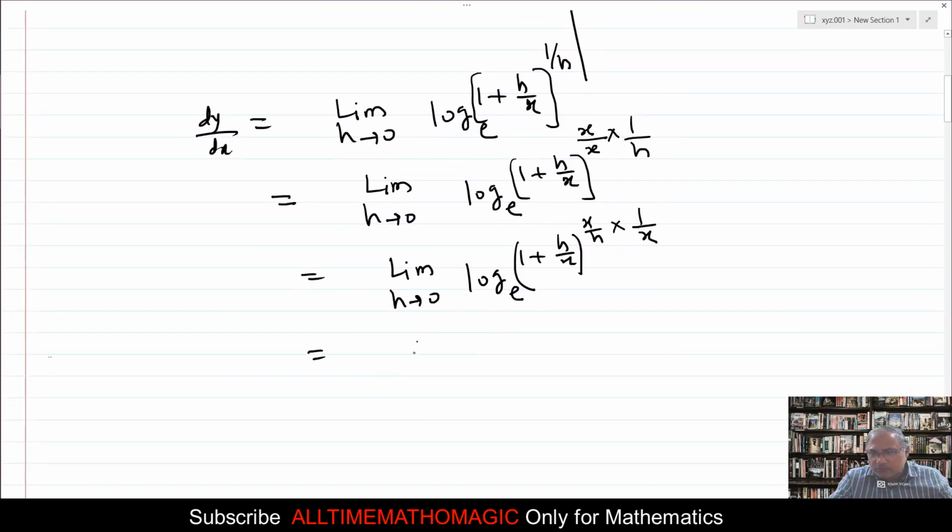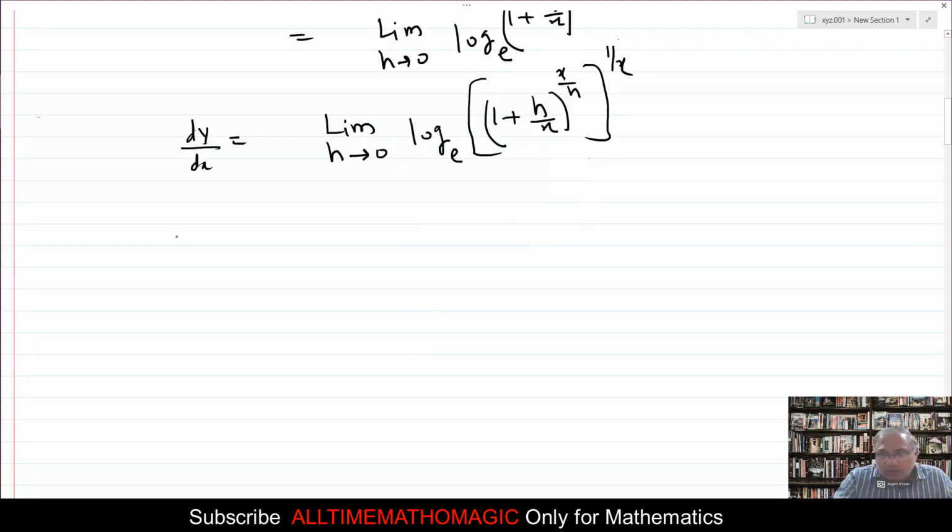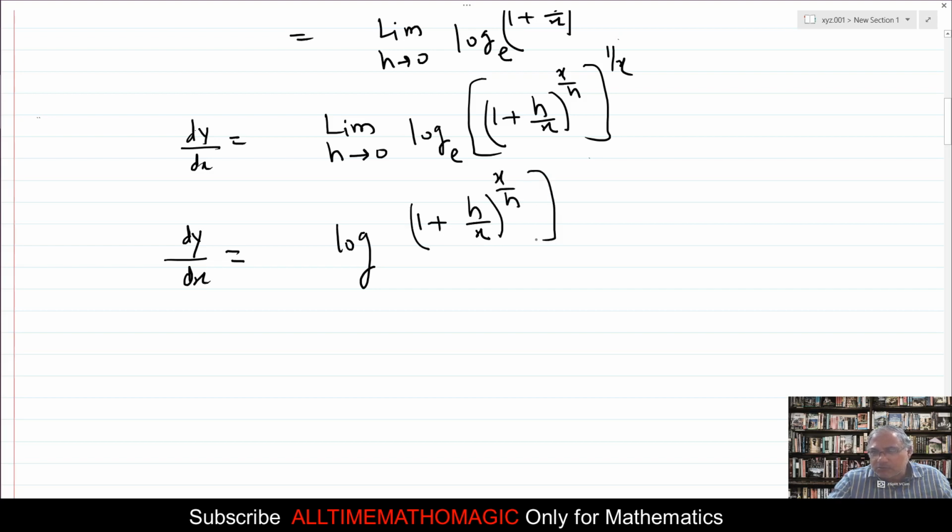Now dy by dx equals log 1 plus h upon x whole raised to x upon h whole raised to 1 upon x to the base e, where the limit is tending to 0.